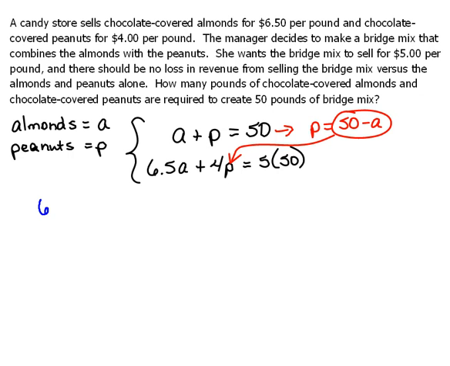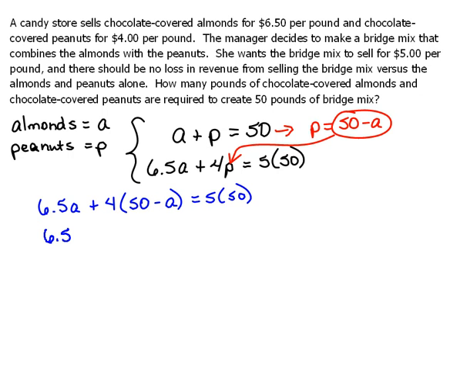So now we have 6.5A plus 4P. Oh, no, we're not going to use P, are we? We're going to use what we found P to be, which is 50 minus A, equals 5 times 50. And now we can distribute and solve.